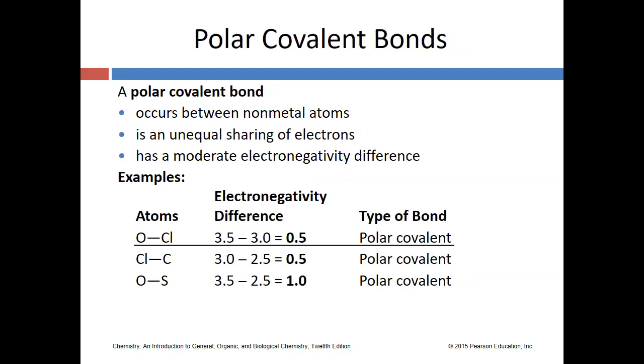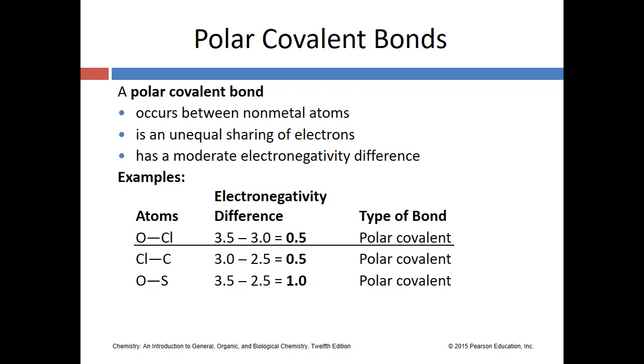Polar covalent bonds, again, also non-metal to non-metal. We see uneven sharing of electrons in these bonds. And where we're talking about electronegativity difference, we're talking about enough of a difference to notice. So generally speaking, we're talking about 0.5 or a little bit better. I'm going to give you some more definitive ranges here in just a minute.